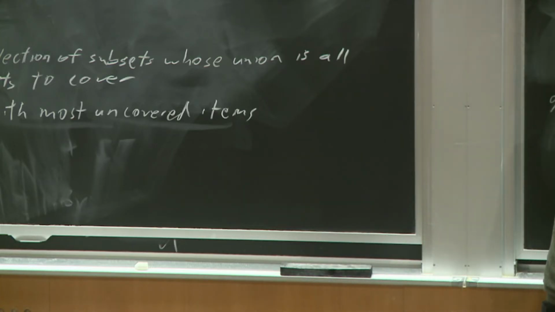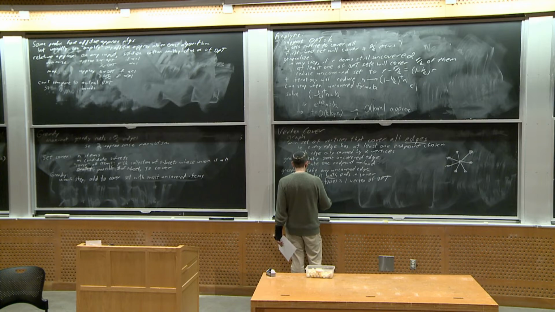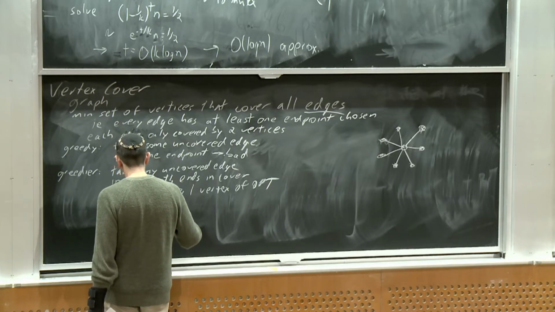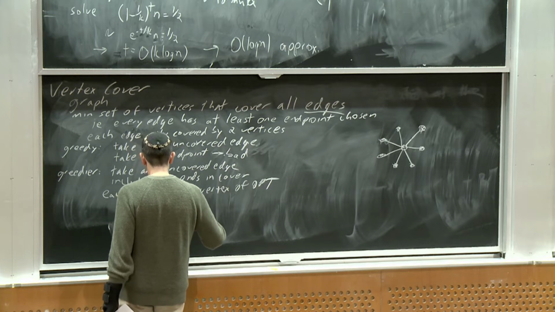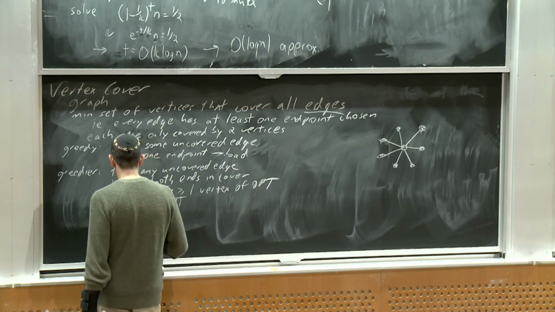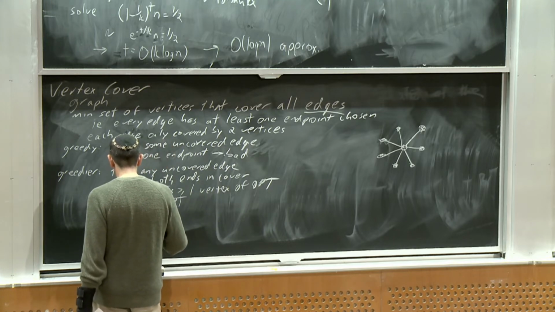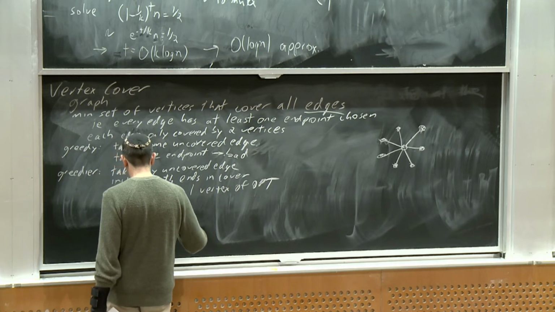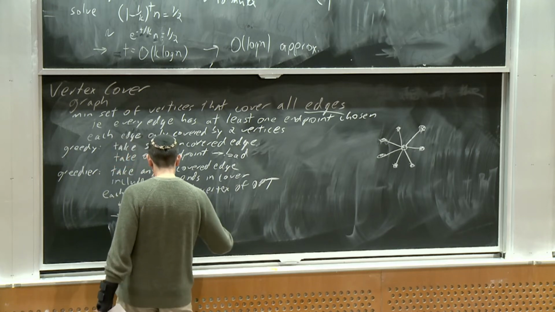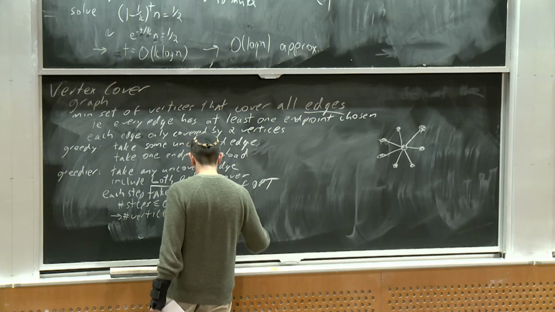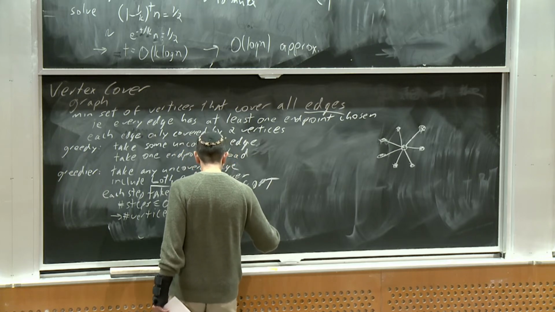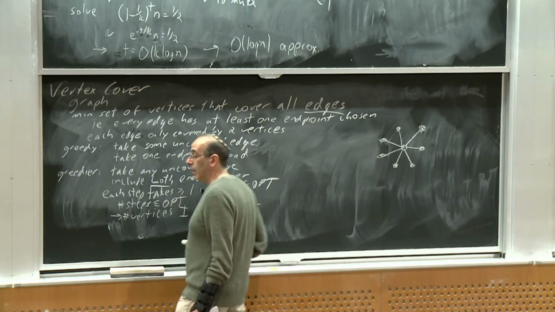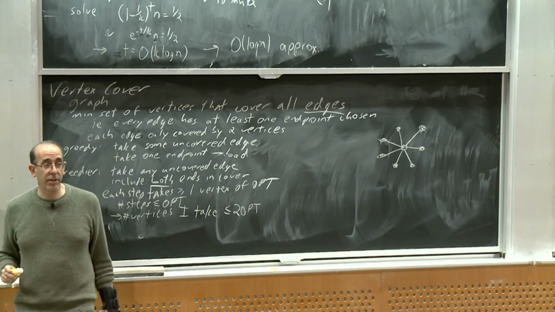Right? If you take a vertex from opt in each step, that means that the number of steps is at most opt. And that means that the number of vertices I take is at most 2 opt, because I take 2 vertices in every step.